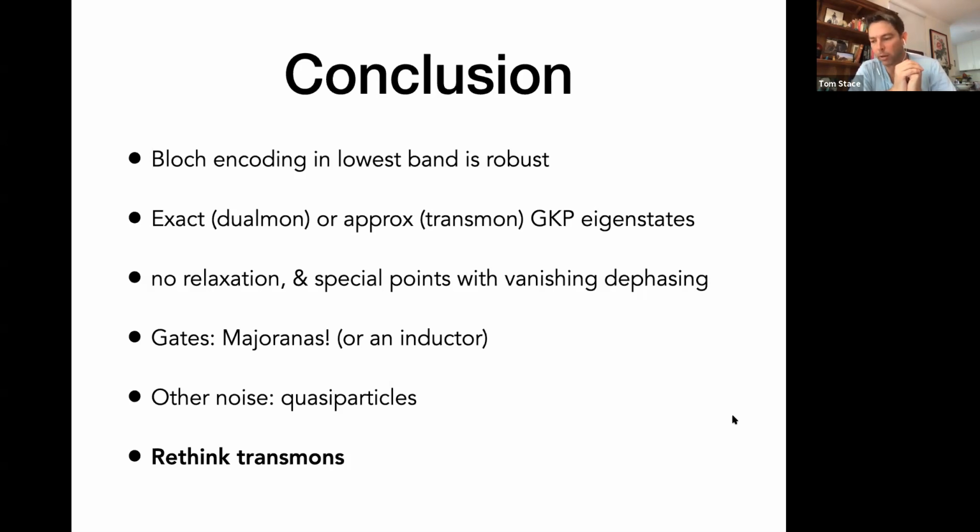There's some more work I've started recently to build in some classical control theory, where the idea would be that you have a local classical control protocol that's locking the system to the special points. And that might get you another factor of 10 improvement just using classical noise suppression from control theory.